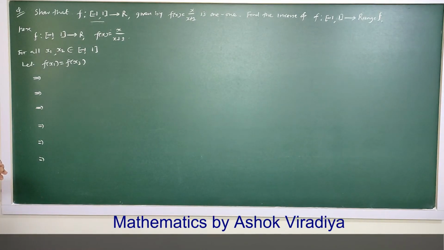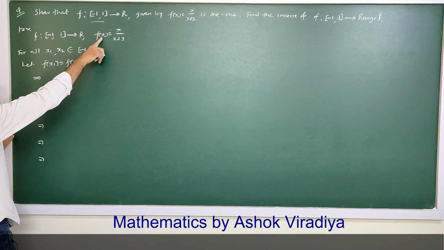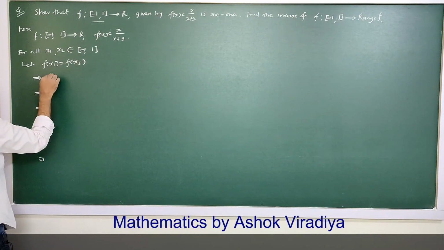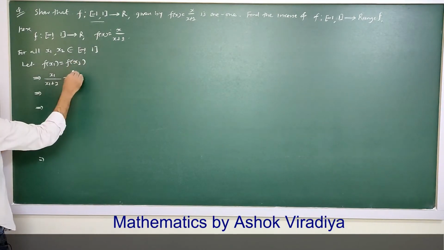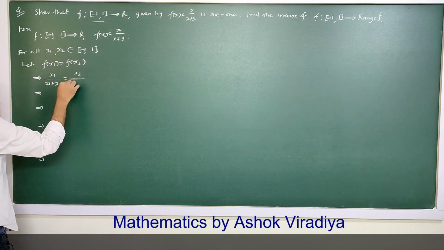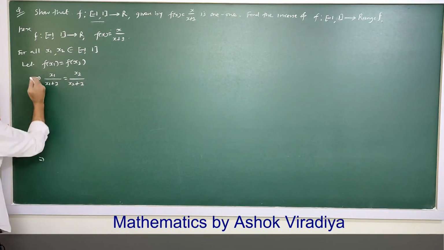Whenever we want to prove a function is one-one, beginning from f(x1) equal to f(x2), we show x1 equal to x2. Now f(x1) is x1 upon (x1 plus 2), equal to f(x2), which is x2 upon (x2 plus 2).